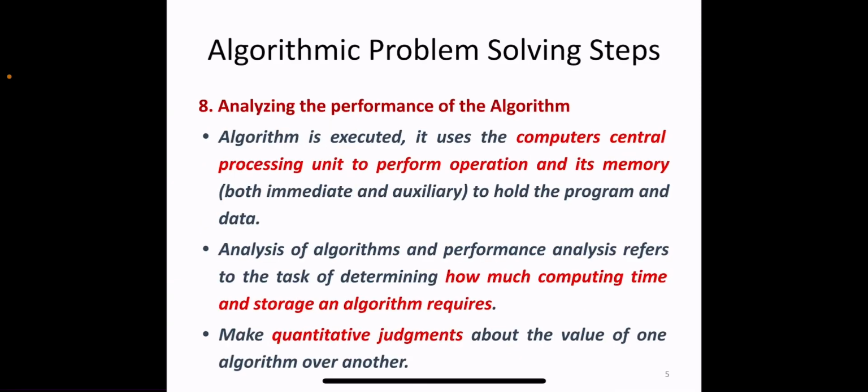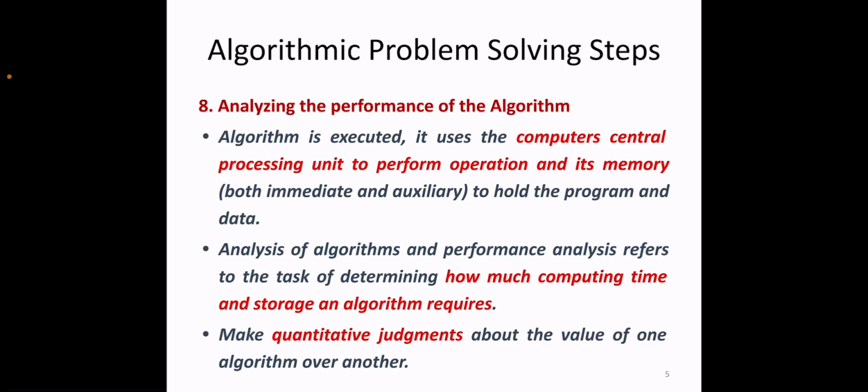Then the next one is analyzing. After identifying the steps, you have to analyze how the algorithm performs. That step is known as analyzing the performance of an algorithm. You have to analyze what you have done in the above steps.